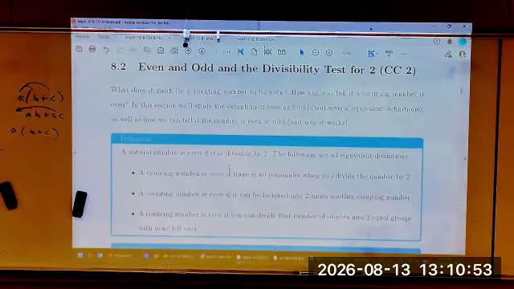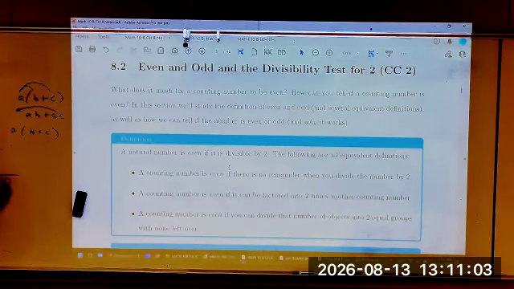So if I take 0 and divide by 2, what's the answer? 0. So is it divisible by 2? Yeah. Since 0 is divisible by 2, 0 is even. It doesn't have a sign, not positive or negative, but it is even.